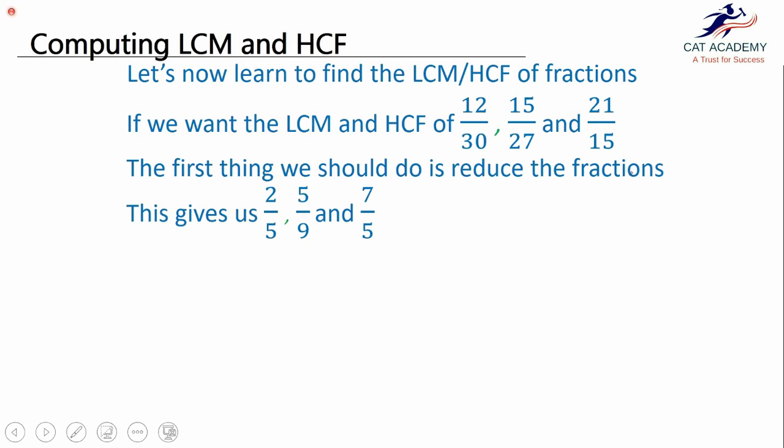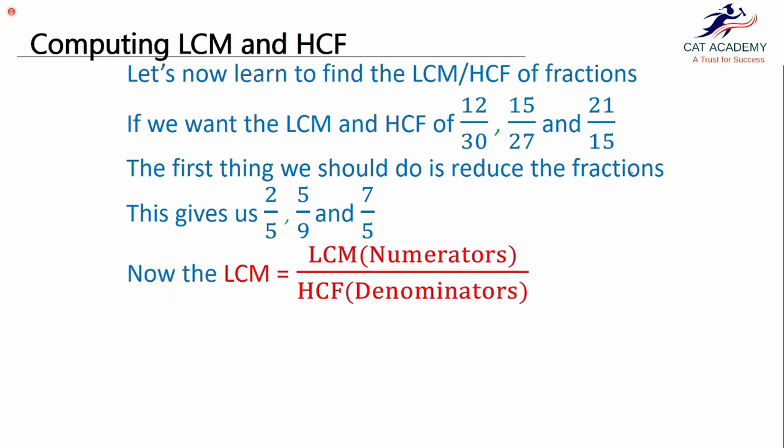So I get reduced fractions like this. Then after that, we'll use the formula. In case I have to calculate LCM, it will be the LCM of numerators calculated separately. That is 2, 5, 7. Can you tell me what will be the LCM of 2, 5, 7? 70. Very good.